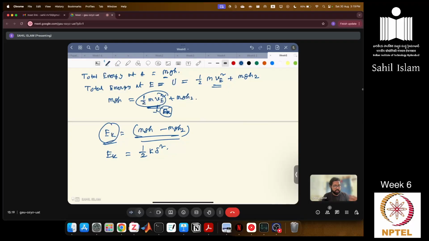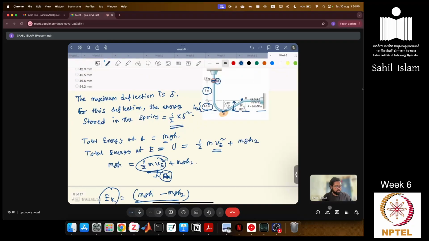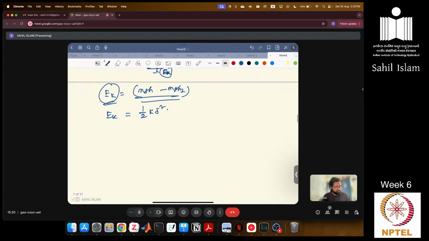The kinetic energy it has at this point will be used to compress the spring. So mgh minus mgh2 equals half k delta square. So delta square equals 2mg(h minus h2) by k.